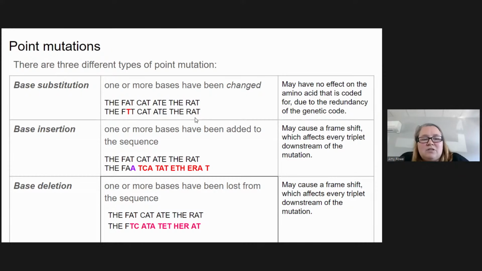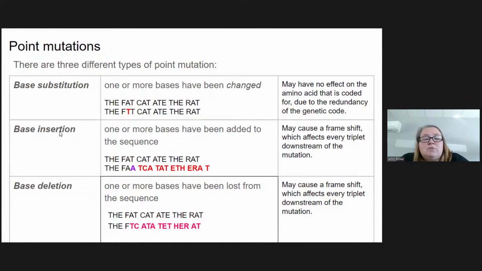So it has caused a change to our sequence, which in this case means that our sequence does no longer make sense. We can still get the general idea, but it's not obvious. So these types of mutations, base substitutions, might have no effect on our amino acid that is coded for. And we will talk about redundancy of the genetic code shortly, or it may have a minor effect.